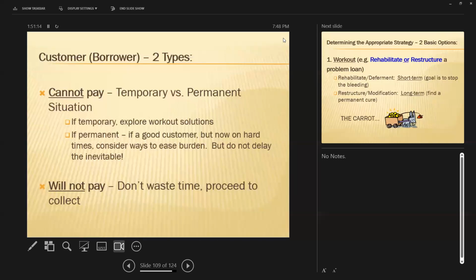Okay. So again, remember we talked about ability or capacity. We talked about the customers who cannot pay and who will not pay. Remember you did that chart? So for the cannot pay, it's temporary versus permanent. This is just expanding on one of the previous slides.